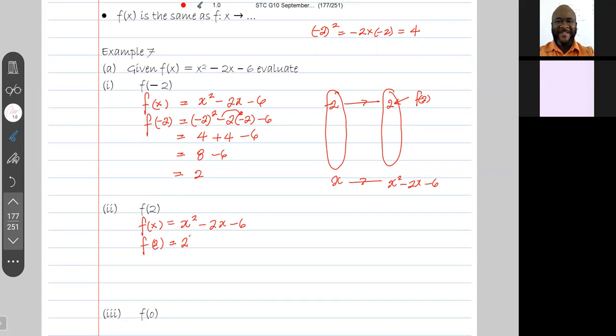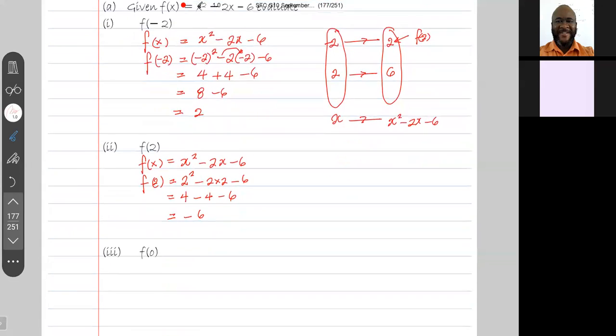So it's 2 squared minus 2 times 2 minus 6. This is 4 minus 4 minus 6. This is minus 6. So this is saying that 2 in the domain is mapped to minus 6 in the codomain. That's what it's saying. Or is mapped to minus 6 in the range.